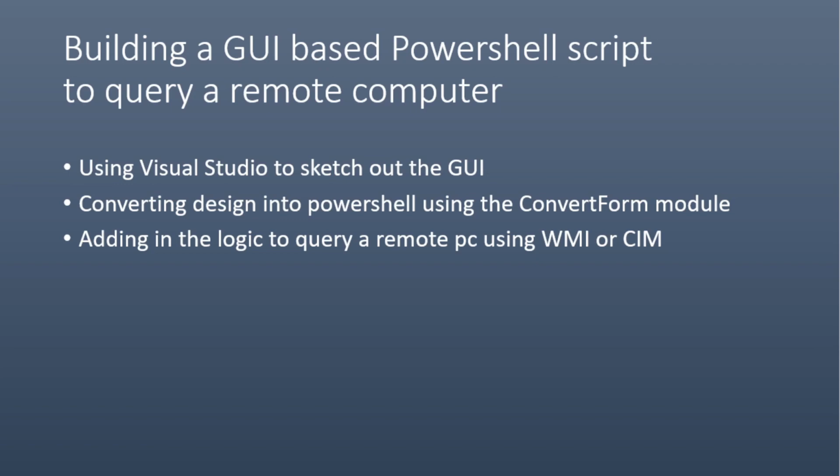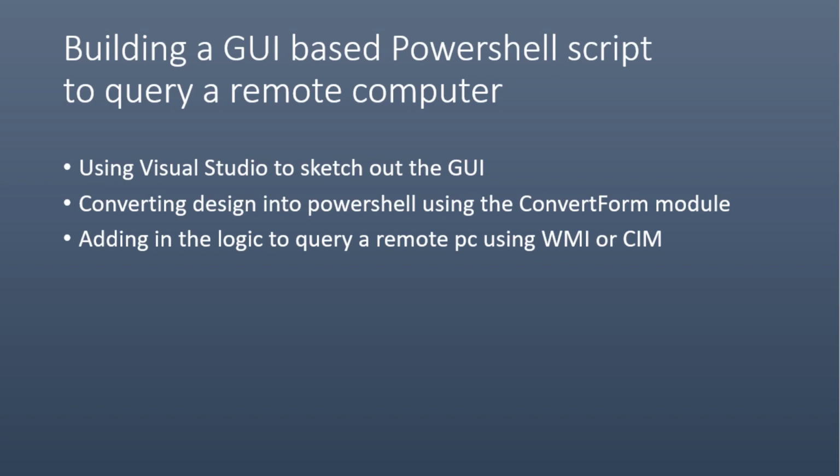Then we're going to put the logic in to query the actual remote computer. So I happen to be using the query method that hits the management repository on a remote computer, which is a database-like object that lives on every Windows computer, anyway, since like NT4 days. And there are two different protocols you can use to query it with. You have CIM or WMI.